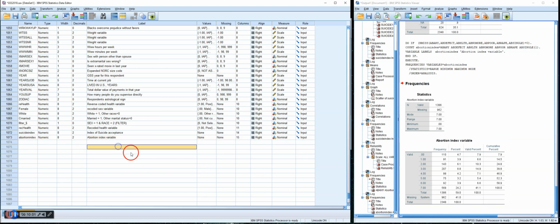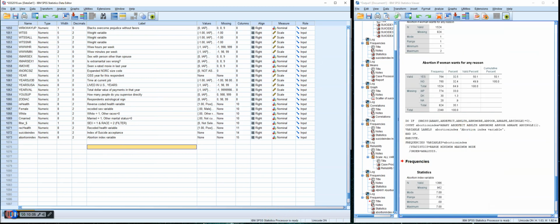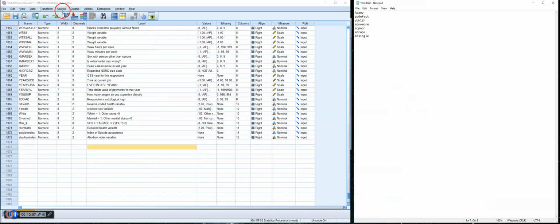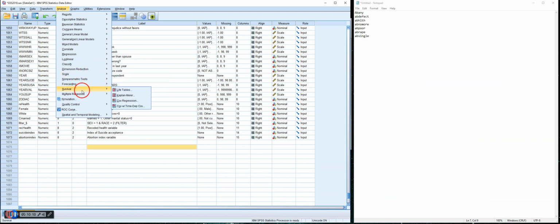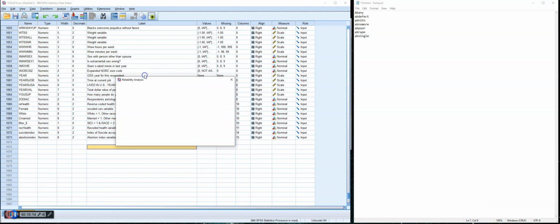And there is another test whenever you create an index variable. You need to go to Analyze and Reliability Analysis.